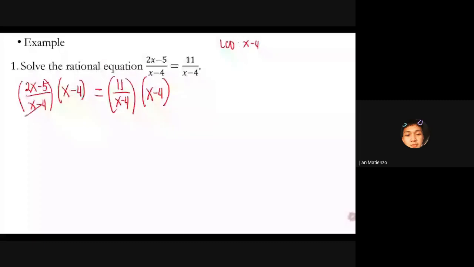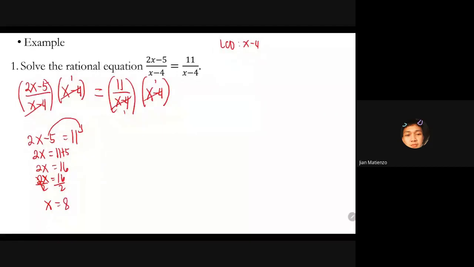And you can divide here, which is 1, and you will be left with 2x minus 5 is equal to, you can also divide this, 11. And then solving now for the value of x, we have now 2x equals 11 plus 5. So you have now 2x is equal to 16. So 2x here will be divided by 2 as well as 16. That will be divided by 2. So our x there will be 8.